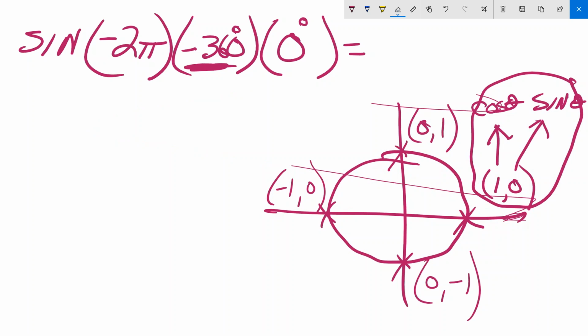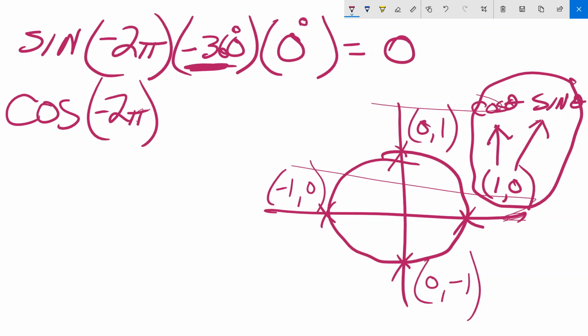So what's the sine of 0? What's the cosine of 0? And I can go through the whole process also, but I don't need to, because I know that -2 pi is the same as 0. So let's just skip this part and go straight to 0.